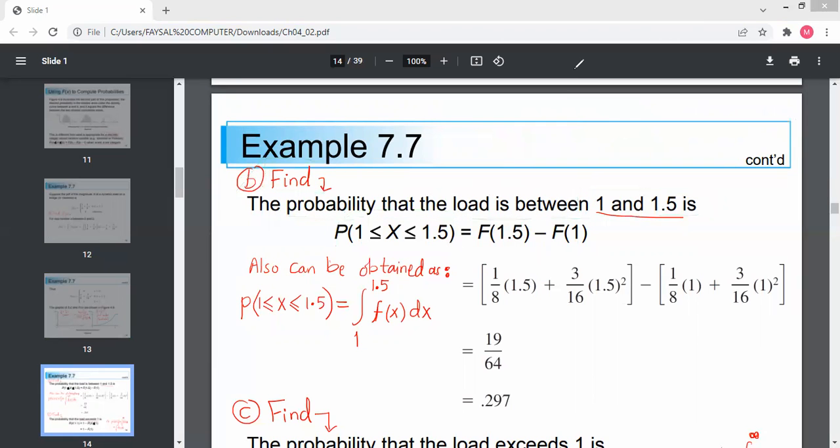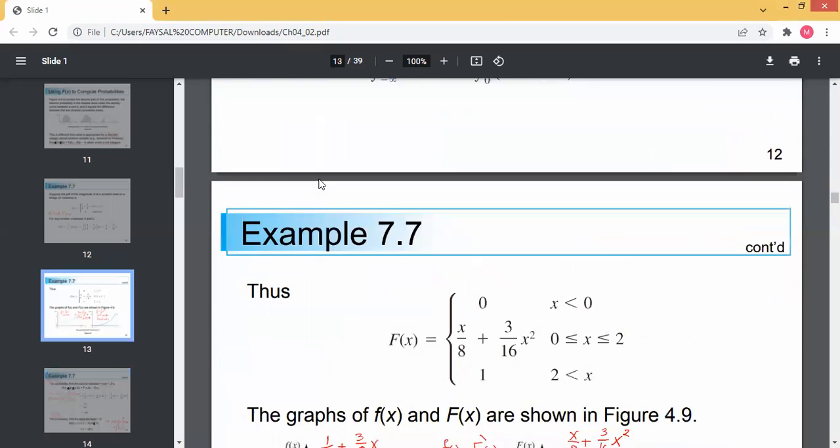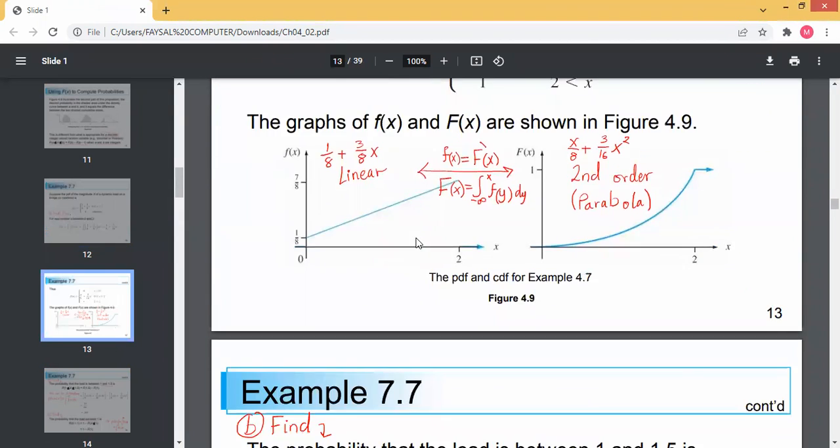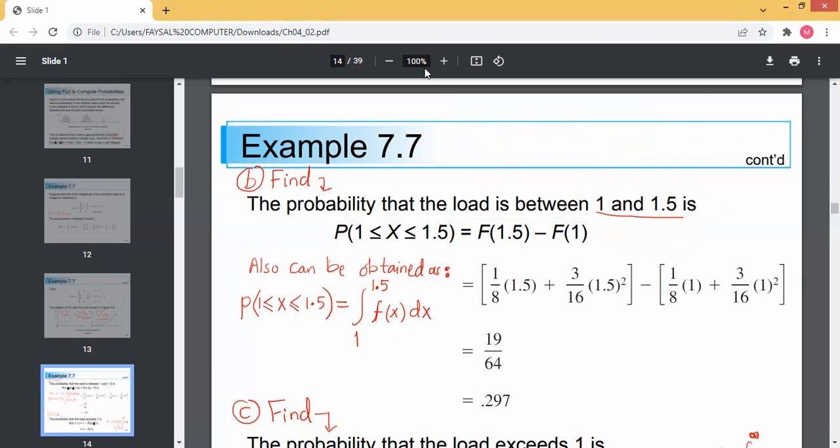As I found in the first part, the value is x upon 8 plus 3 upon 16 x square, so I don't need to follow these steps again. The upper limit is 1.5 and the lower limit is 1, so I put the upper limit first.